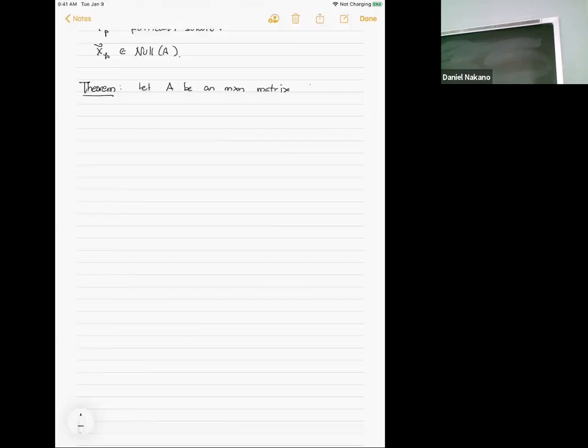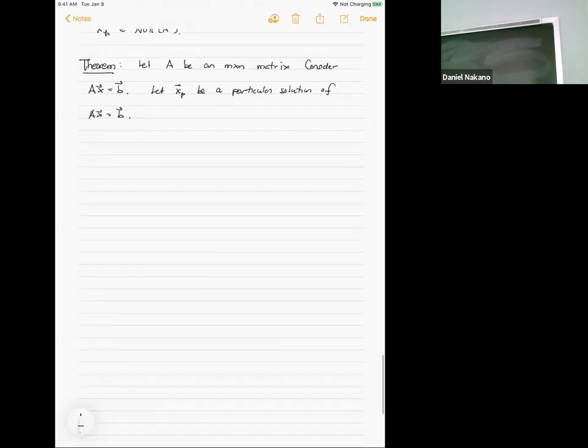And now we want to consider the system of equations AX equals B. So let X of P be a particular solution of AX equals B.